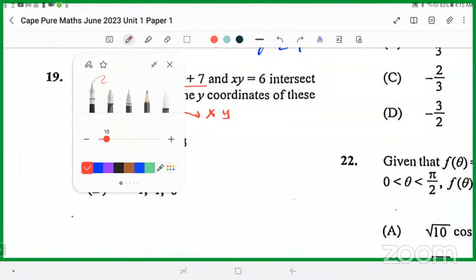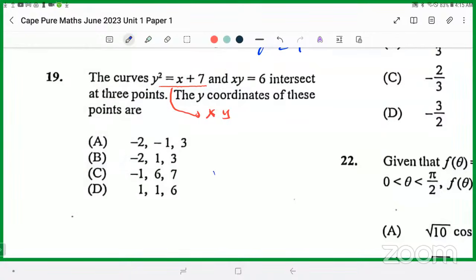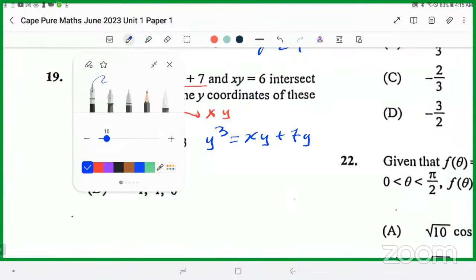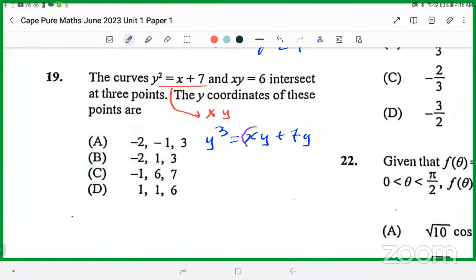So when I do that, I'm going to get y cubed equals xy plus 7y. This xy is equal to 6 from here.